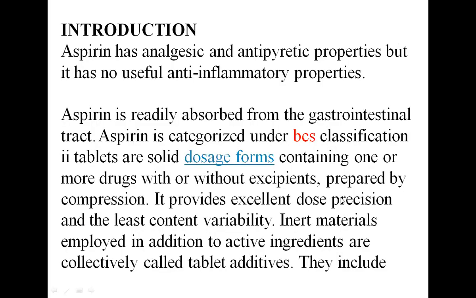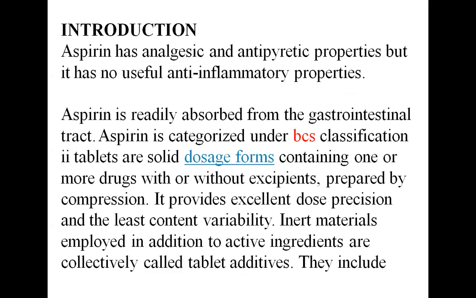Aspirin has analgesic and antipyretic properties. Aspirin is readily absorbed from the gastrointestinal tract, that is from the GIT, and aspirin is characterized under BCS classification 2.